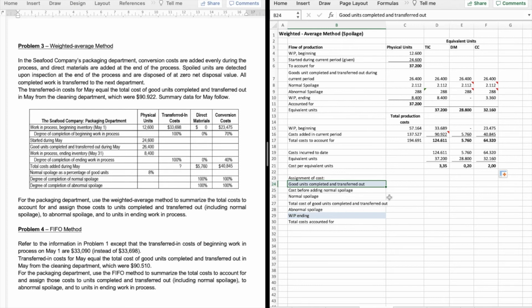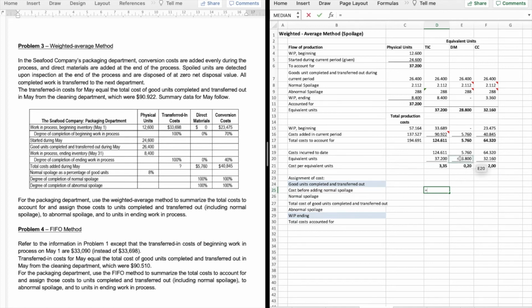But since there is spoilage in this calculation, we have to add actually 3 rows: cost before adding normal spoilage, normal spoilage, and abnormal spoilage. Okay, so start with the cost before adding normal spoilage.